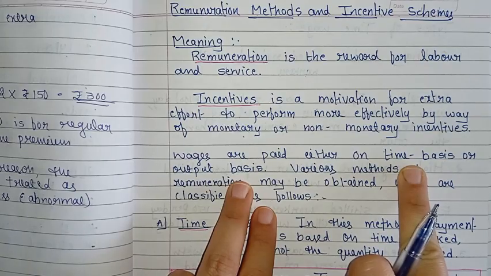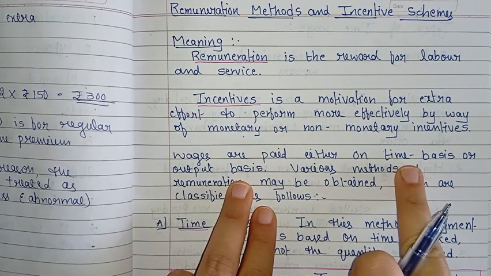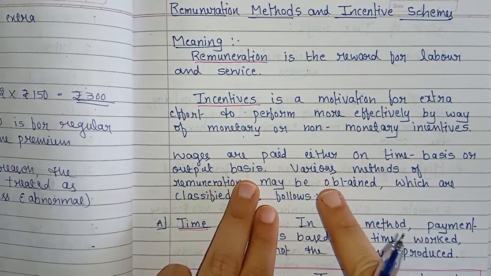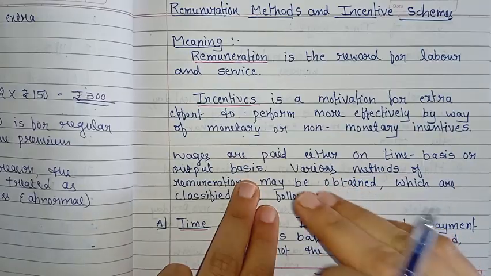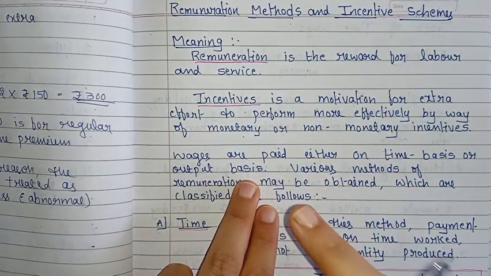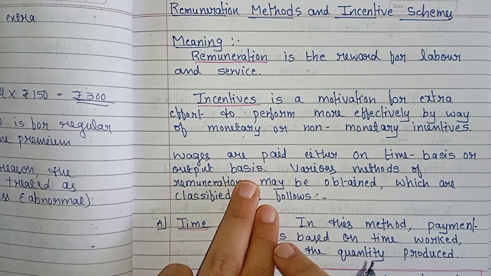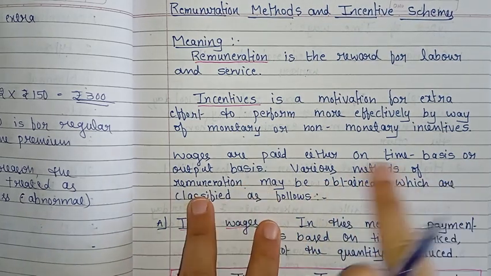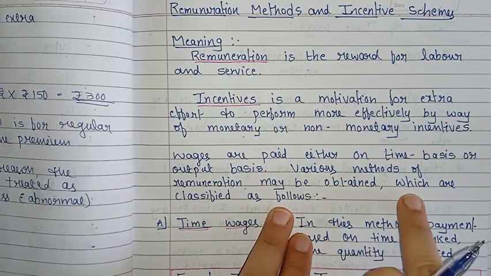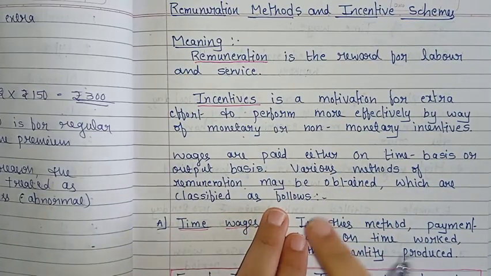On time basis, payments are made based on the amount of time they work, and on output basis, employees are paid based on the quantity of output. Clear?